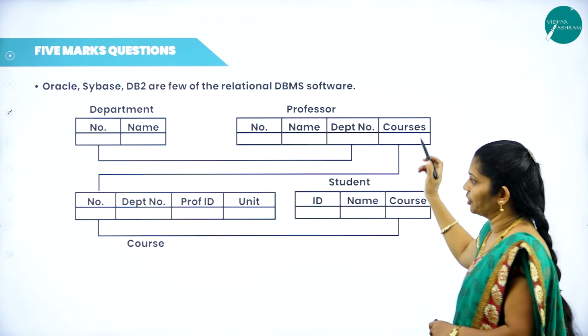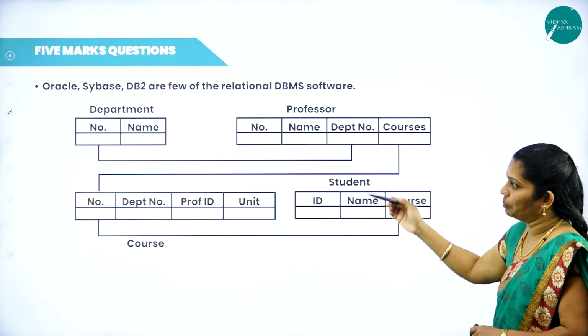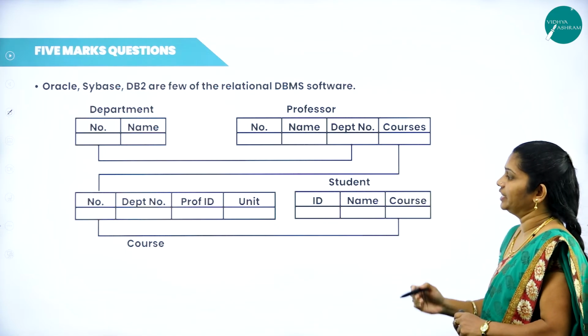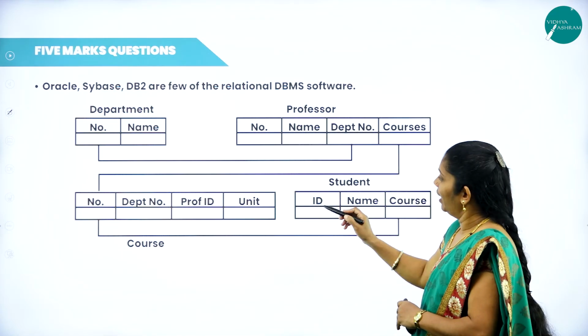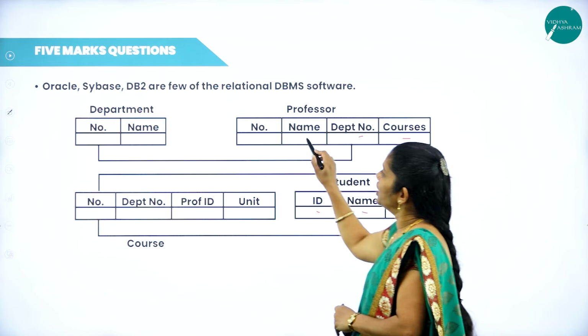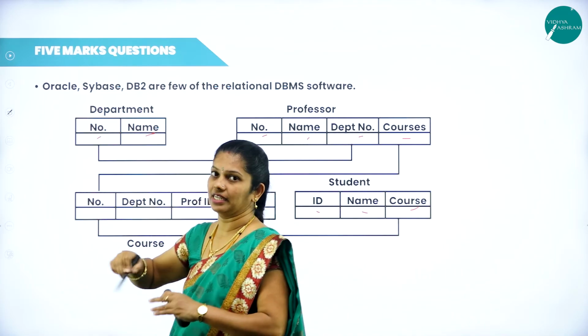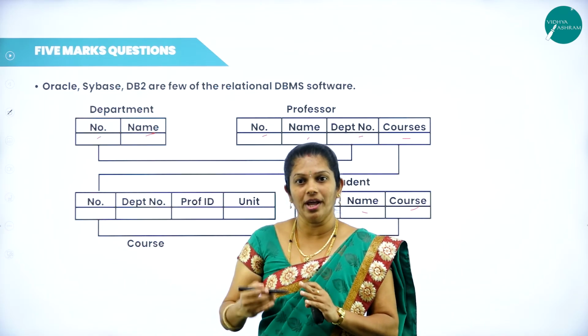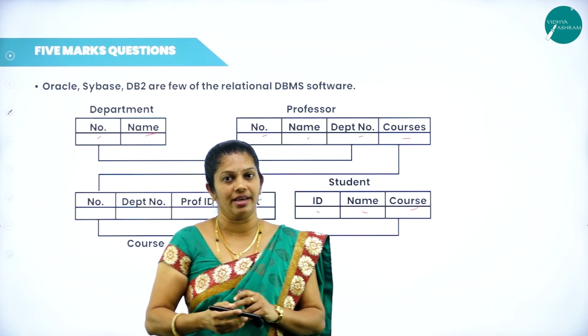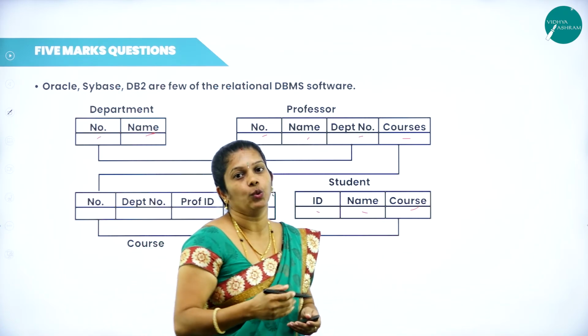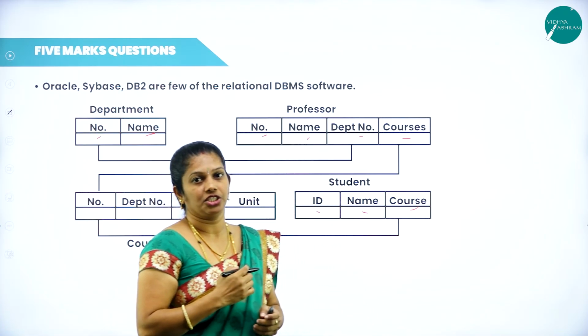There also we have some attributes. Everything will be represented in table format. And here the related information will be stored. That is, we have records, domains, the relationship between tables, and with the primary key, everything can be represented in the relational model.